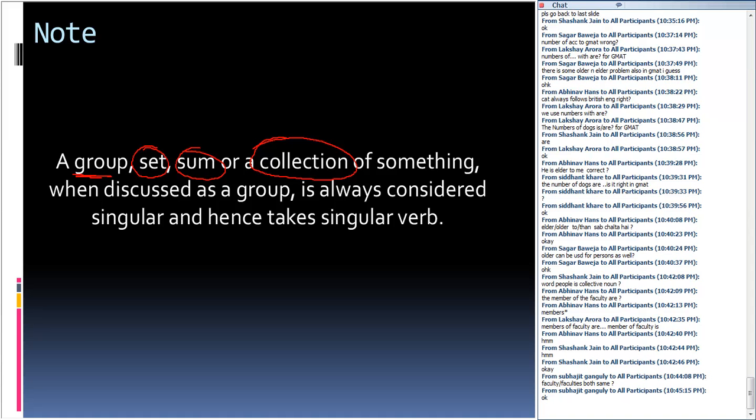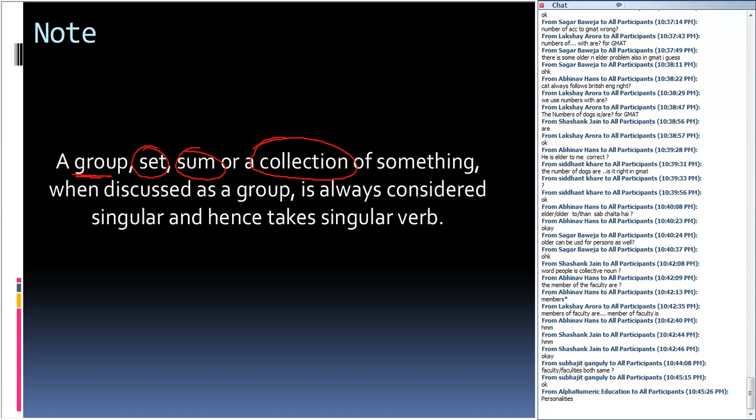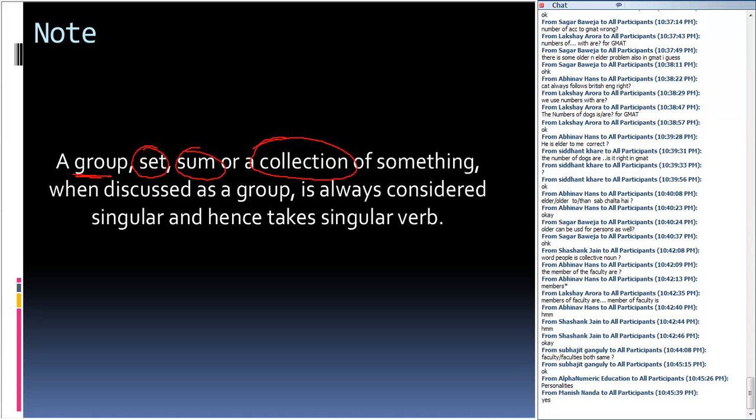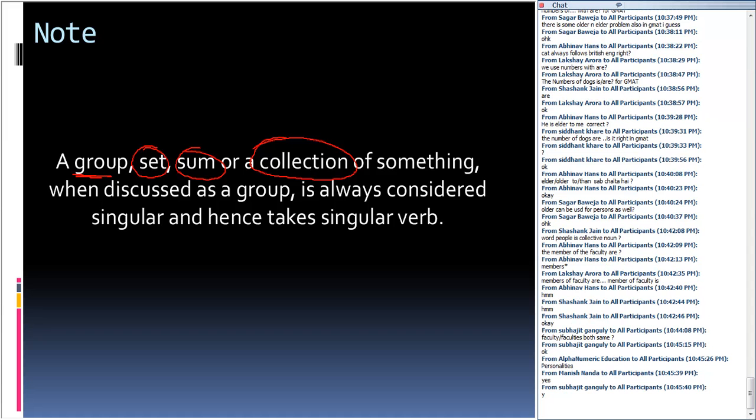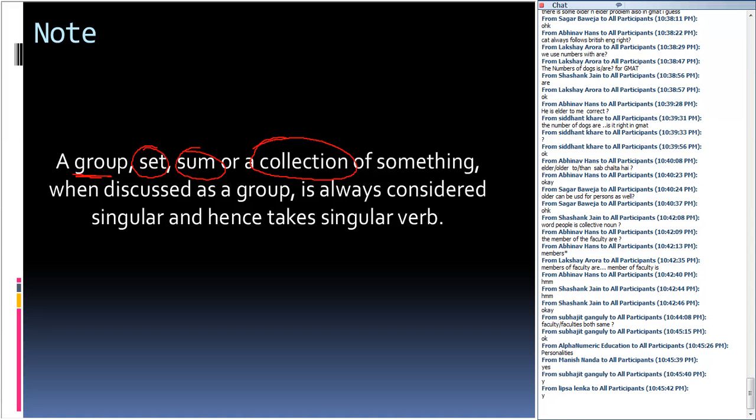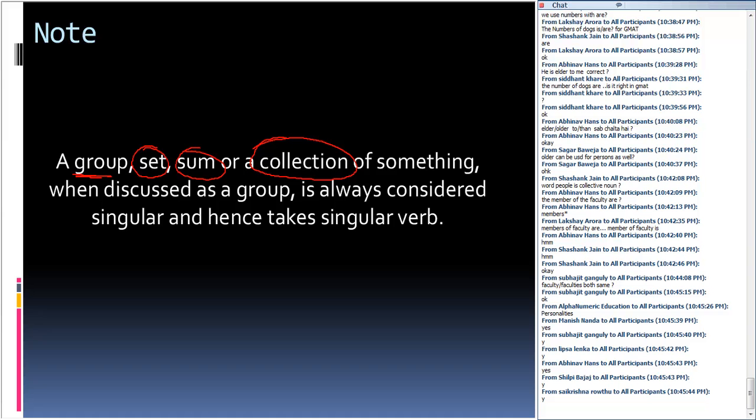Okay. Personalities word जानते हैं आप? Do you know this word? Everybody knows the meaning of the word personalities. Okay, everybody is saying yes. You know the meaning of the word personalities.